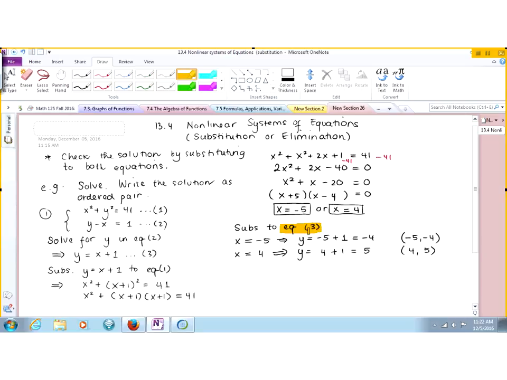So we don't have to check equation 3 again because we used it to get the y. 2 and 3 are the same, so you just check equation 1. Is it true? 25 plus 16 is 41, and 16 plus 25 is 41. Yes, so both are solutions.